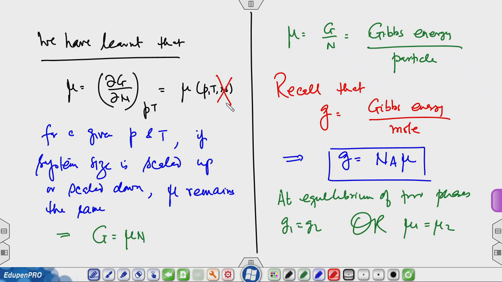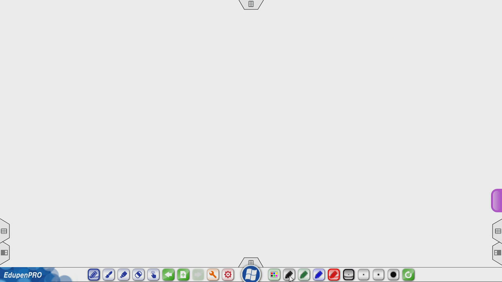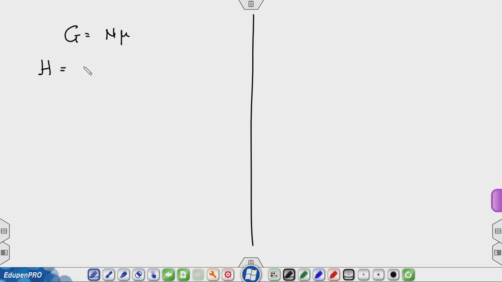Now this has consequences. So if we have G equals N mu, then you can immediately show that the enthalpy H is G plus TS, which is going to be mu N plus TS.